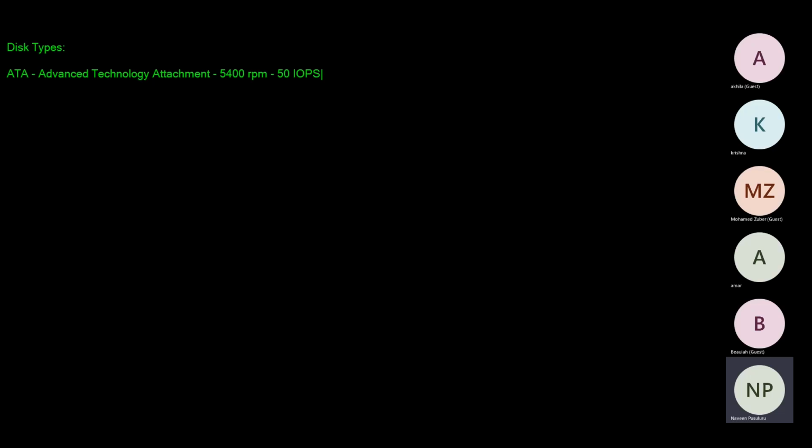That means reading something from a hard disk, writing data to the hard disk, playing a movie or an audio file, or installing some application, all these things are considered IOPs. So this disk can bear 50 IOPS in a single second.